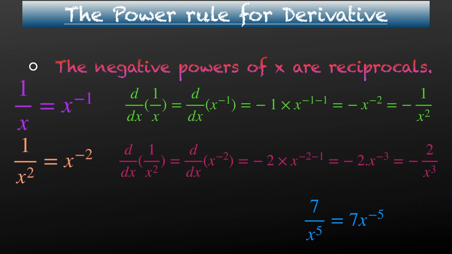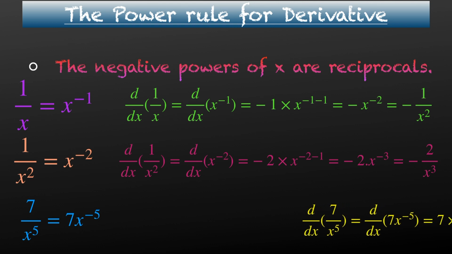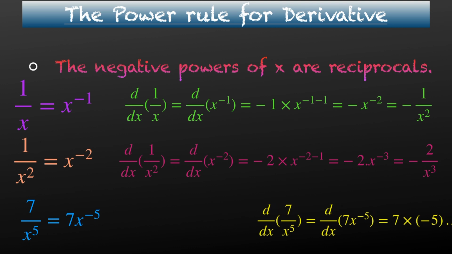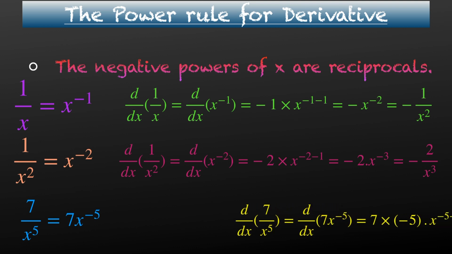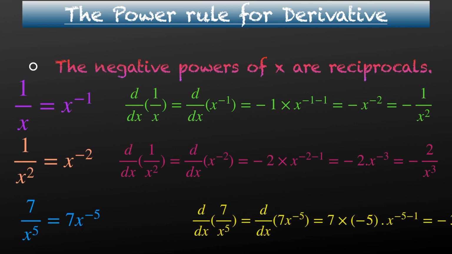Let's take more examples of rational functions. If we have 7 over x raised to power 5, what is the derivative of 7 over x raised to power 5? For finding the first derivative of this expression, you just need to bring x raised to power 5 to the top and you will get 7x raised to power minus 5. Here you use the constant multiple rule. 7 remains as it is and you take the derivative of x raised to power minus 5.